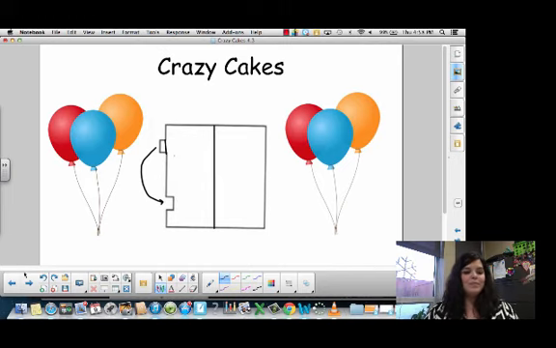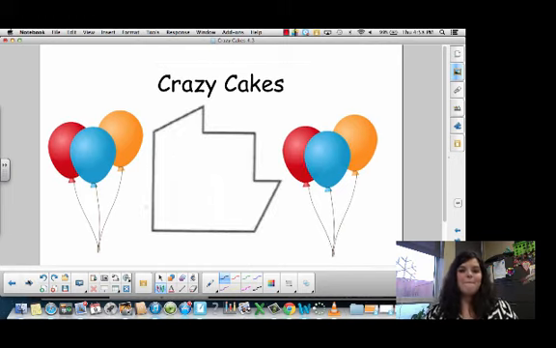Let's try another one. Try to divide this crazy cake. Use your imagination. Do you see where I can divide it? I'm going to draw my lines just to show you a little hint.